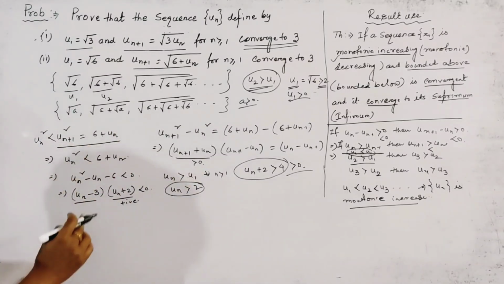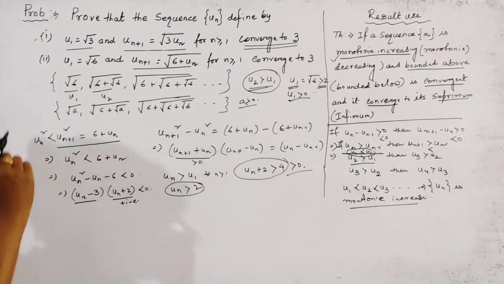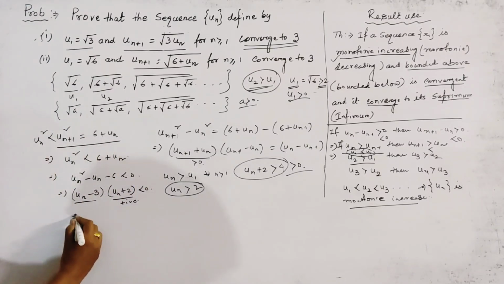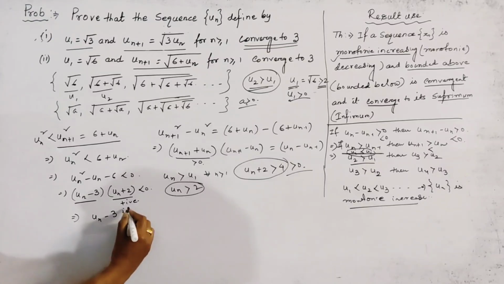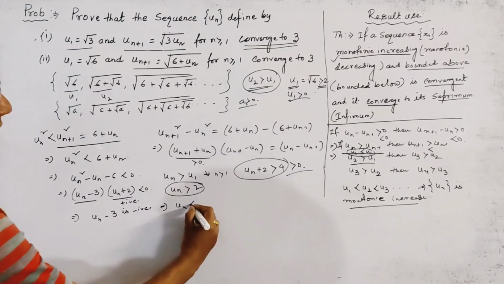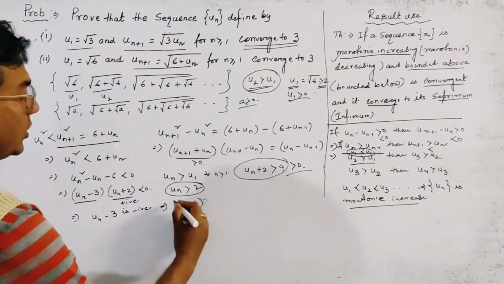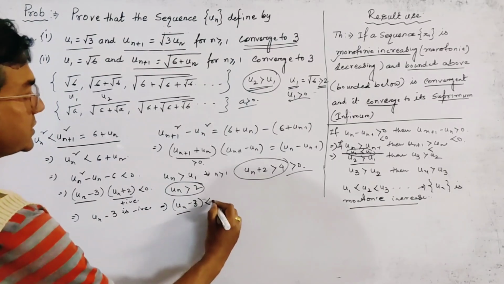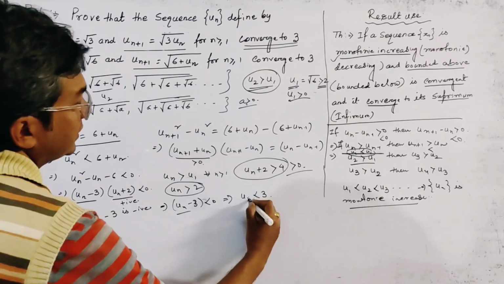So the other term must be negative, otherwise the product is not less than 0. So un minus 3 is negative, that is, un minus 3 less than 0, and this gives un less than 3.